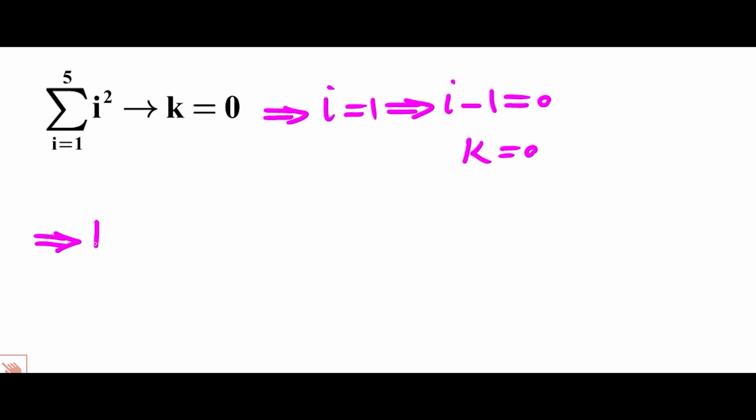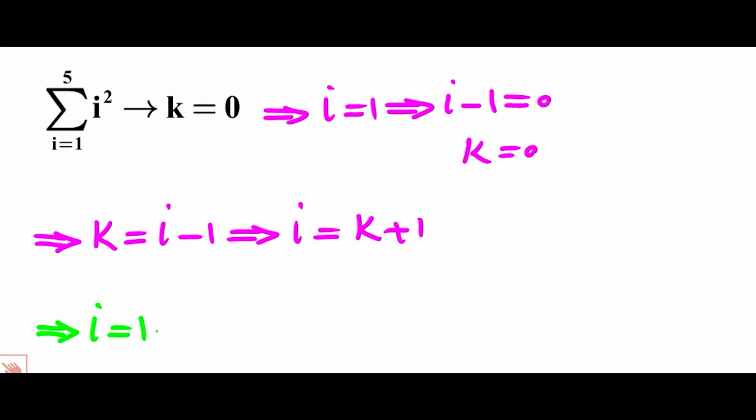So let k equals i minus 1, so i equals k plus 1. Now change the limits. When i equals 1, k equals 0. And when i equals 5, k equals 5 minus 1, which is 4, right?